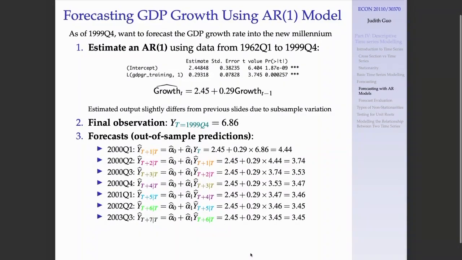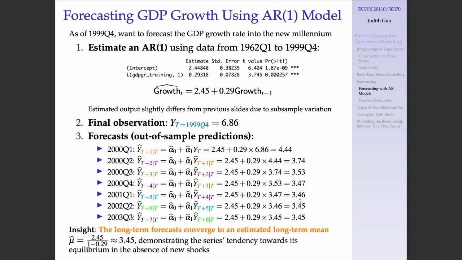What I want to show here is that for larger values of h, the long-run optimal forecast gradually settles and sits at 3.45. This is showing what we established on the previous slide: the long-term forecast will converge to the long-run mean.